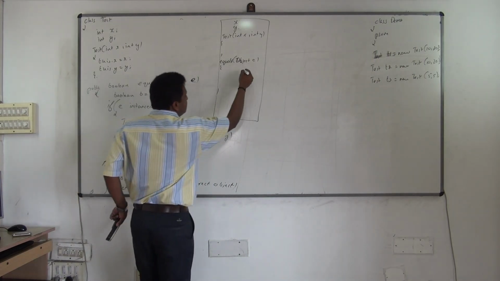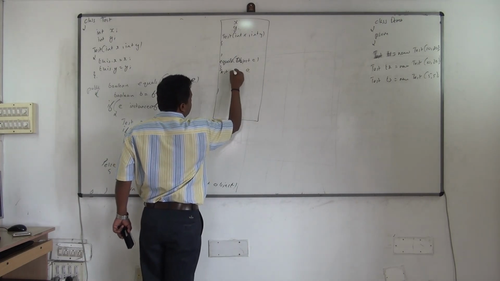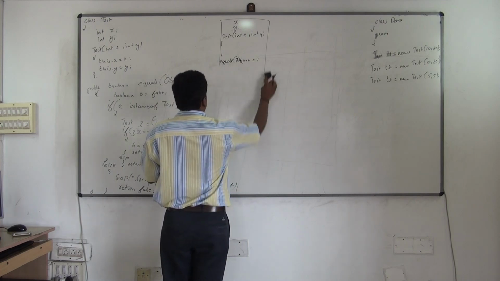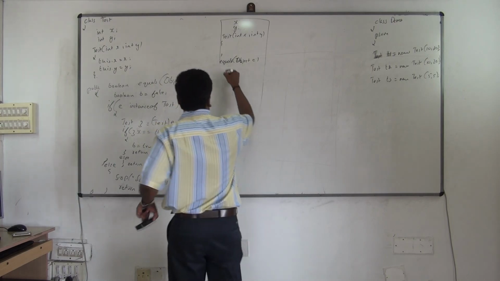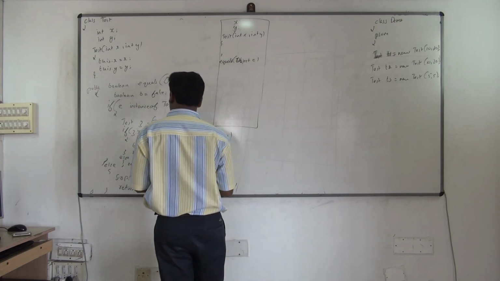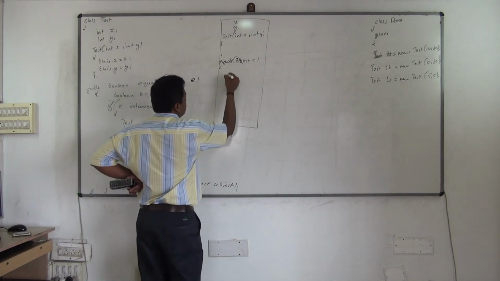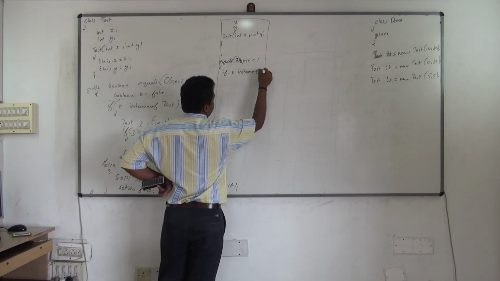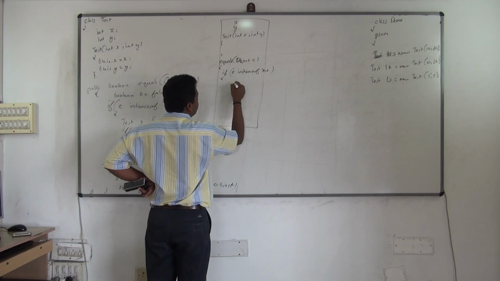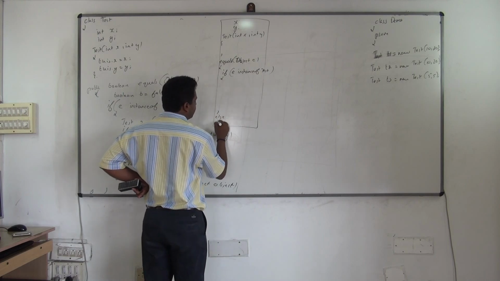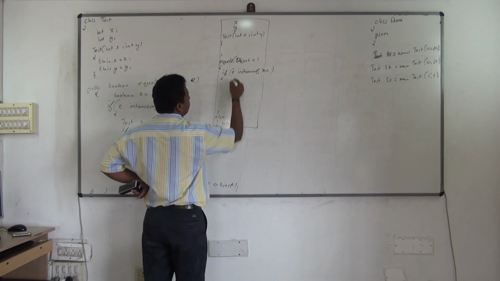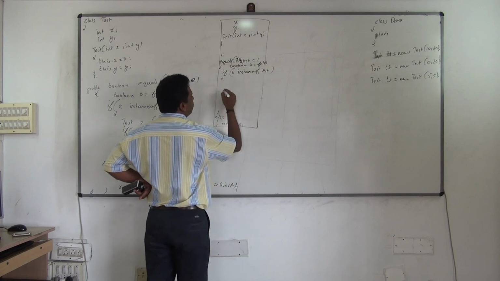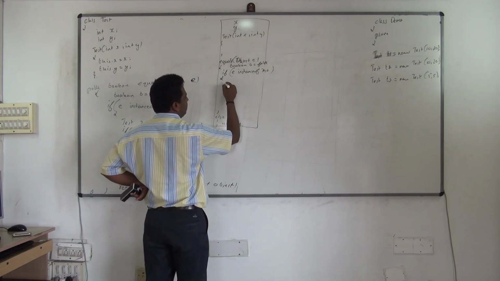If e is typecast to Test, directly I will write the code. Same code comes into existence. If e instanceof Test. So now what happens if e instanceof Test?